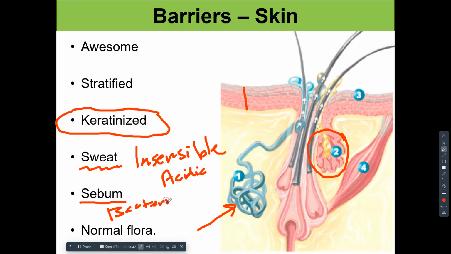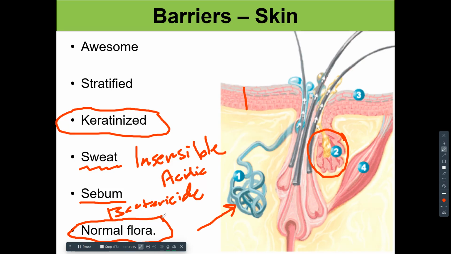So it kills bacteria. Now, of course, despite this acidic situation, this barrier, I just did not spell bactericide correctly, or maybe I did. Yeah, there we go. Anyway, despite the keratinized epithelium, despite the acidic sweat that we're always making, and the bactericidal oil that sebum is, we still have a huge epidermal population of bacteria, and this is known as our normal flora, the quote unquote good bacteria.